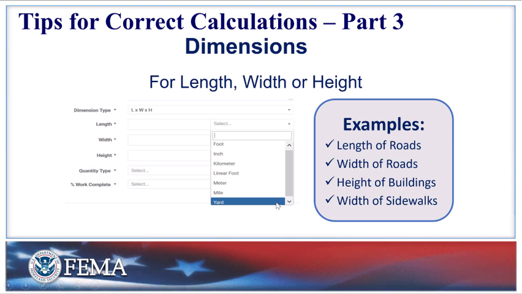But there are other dimension types such as length times width, length times height, length times diameter, and diameter only. Once the information is inputted, the drop down is populated, and the correct information would be selected.